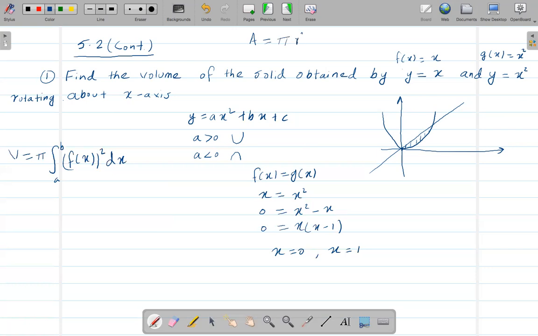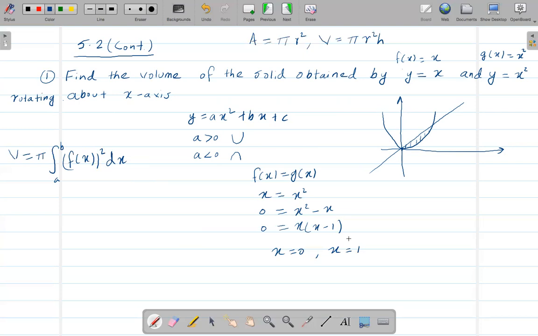When you find the volume of a cylinder, it's basically pi r squared h. So here, pi is this, r squared is f of x squared, so f of x is the radius, and the height h is dx. Anyway, using this formula, now we can find the volume here.